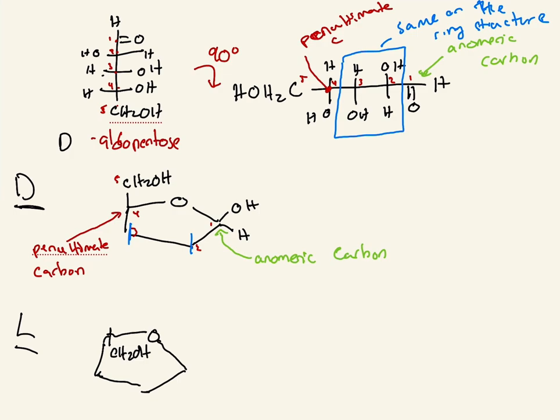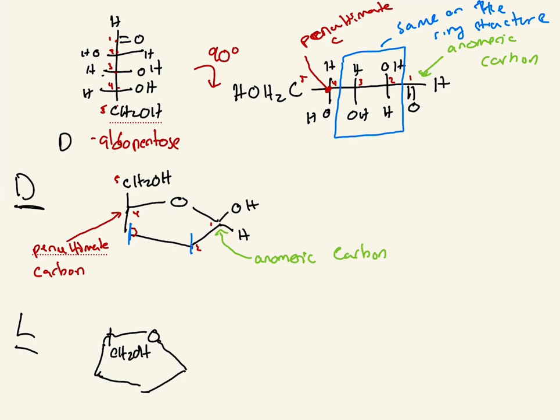Right, the OH group is pointing up, so when we lay it on its side, we keep the same orientation as on the ring. So the OH group goes here, and here we have hydrogen. OH and then H down.